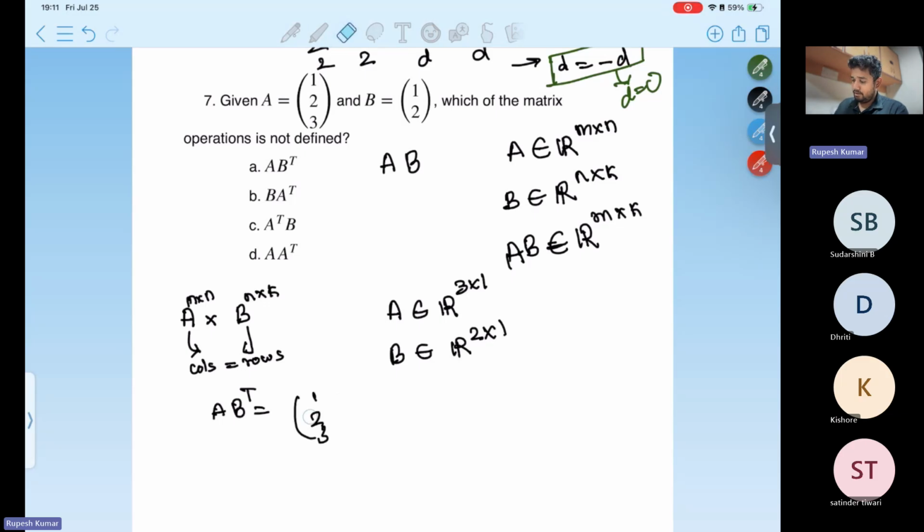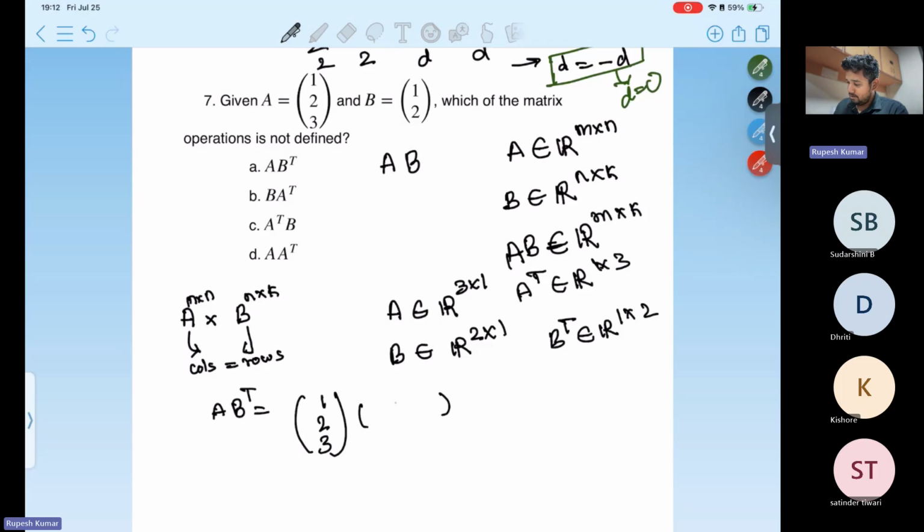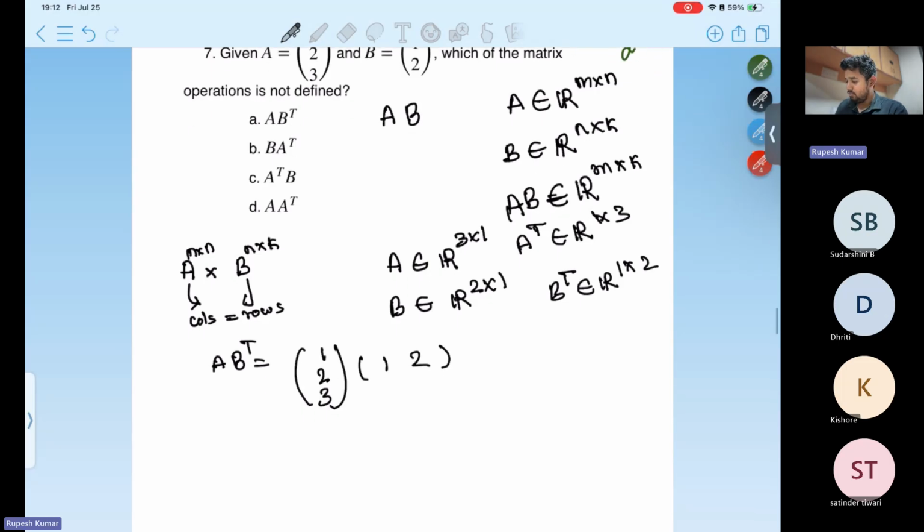And by the definition of the transpose operation that we saw in the previous problem, B is 2 cross 1, so B transpose will be of dimensionality 1 cross 2. A transpose will be of dimensionality 1 cross 3. So we can write B transpose as 1, 2 like this. It's a row vector, right?